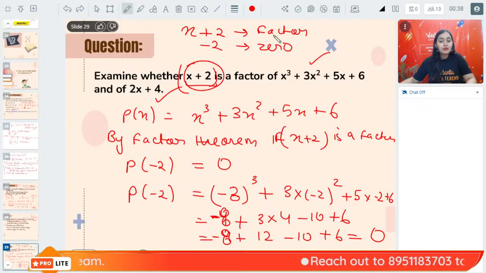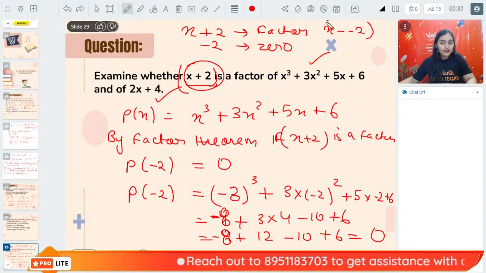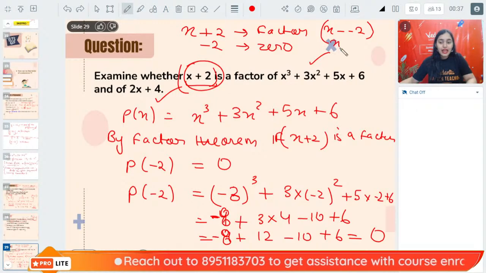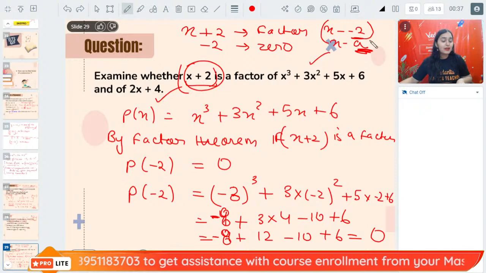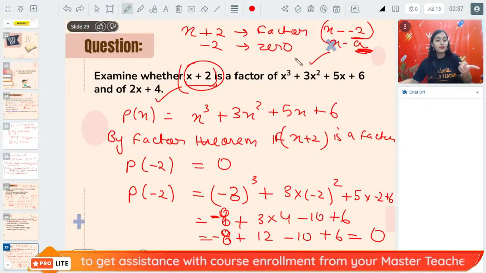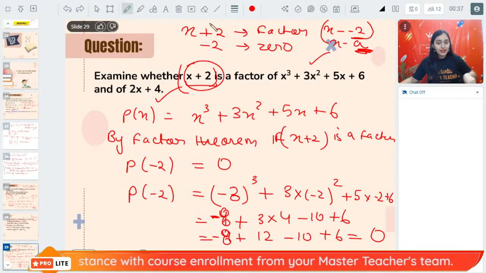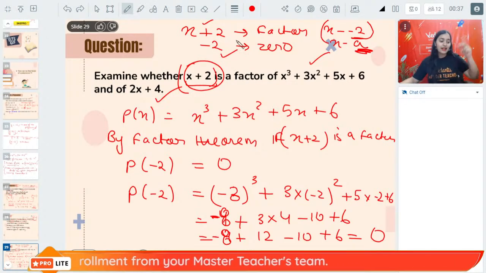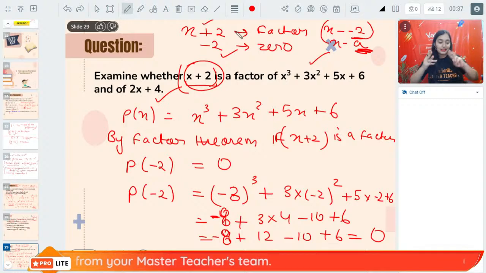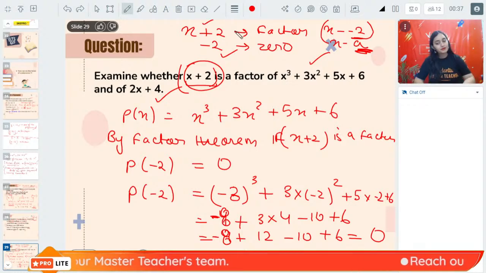Similarly, if x plus 2 is a factor, that means x minus (minus 2) is a factor. So this is x minus a. What is the value of a? a will be minus 2, right? Told you: if the factor is plus 2, the zero is minus 2. If the zero is plus 2, the factor is minus 2. The sign will change. Understood?